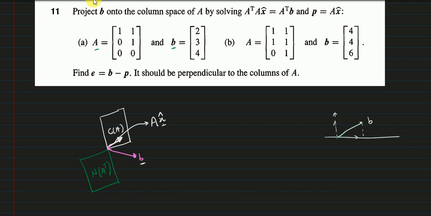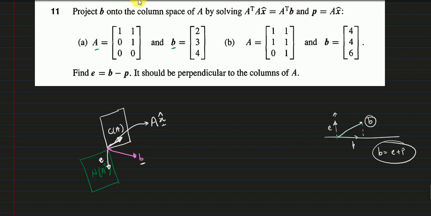So we have two components of this B, and we call them E and P. According to vector addition, B is equal to E plus P, right? The same idea we are extending into the subspaces. If one projection is in the column space, then the other projection will be in the left null space, and we call it E.